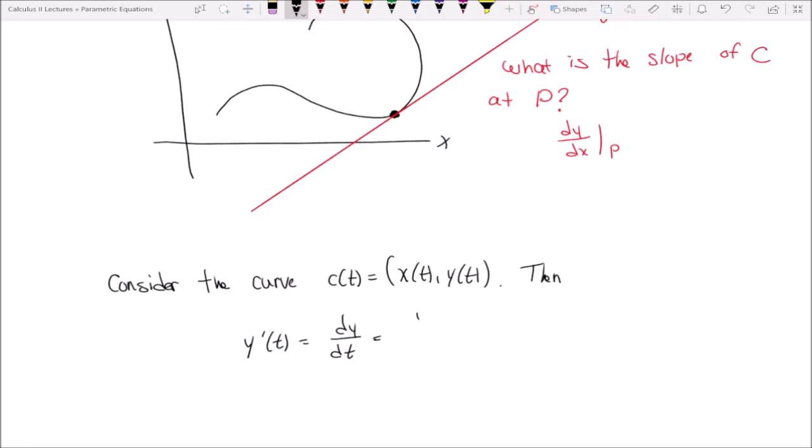This would be dy dx times dx dt, which is just dy dx times x prime of t.